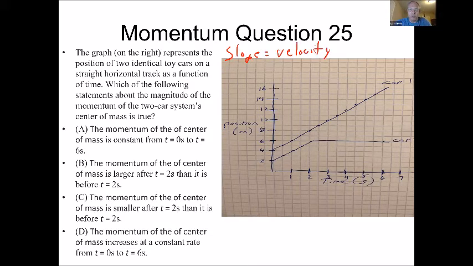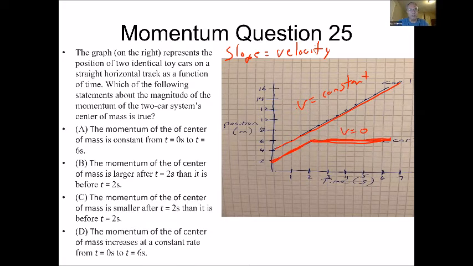For car 1, we've got a nice diagonal line, which means the velocity is pretty constant. But car 2 has a nice positive velocity for a while, and then the slope is 0, so the speed of this car is 0 at this point in time.